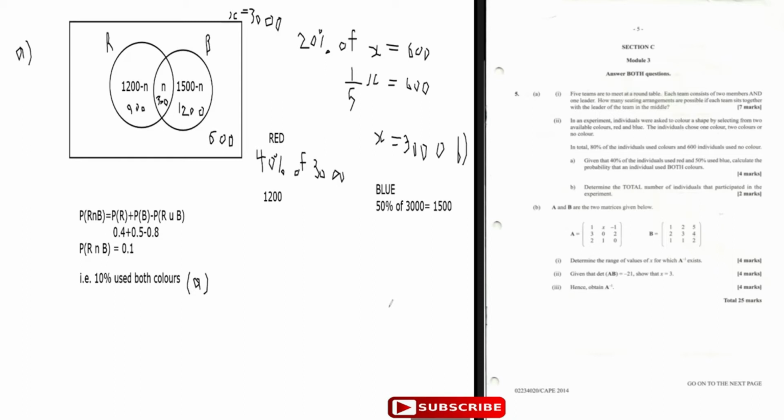It says A and B are two matrices, and it says determine the range of values for x for which A inverse exists. So first thing, it tells us that A is equal to 1, x, minus 1; 3, 0, 2; 2, 1, 0.